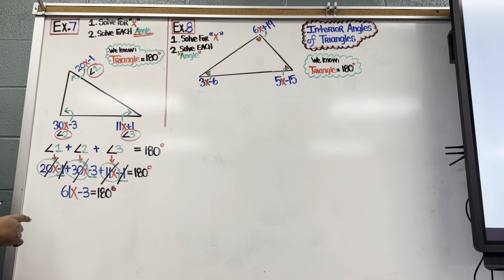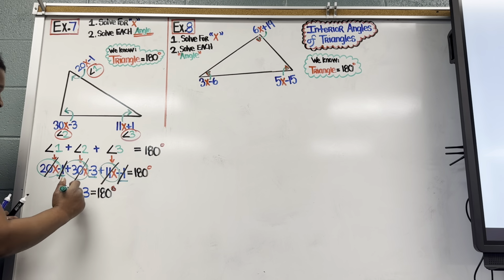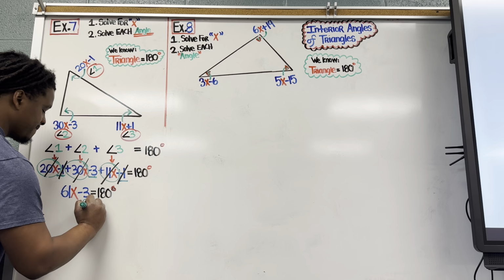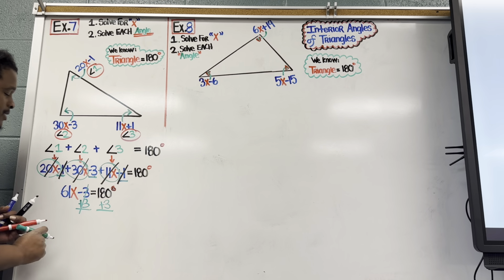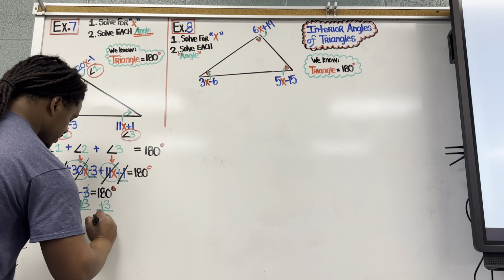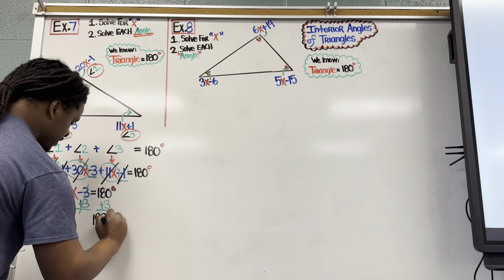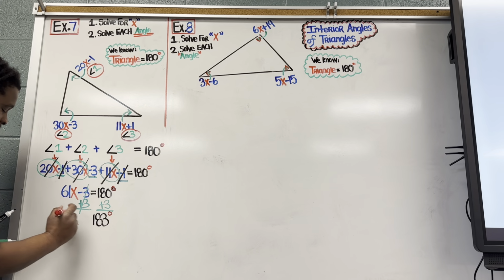We're trying to get 61x by itself, so we have to move the negative 3 to the other side. The opposite of minus 3 is plus 3, so that cancels out, and 180 plus 3 is 183. That equals 61x.